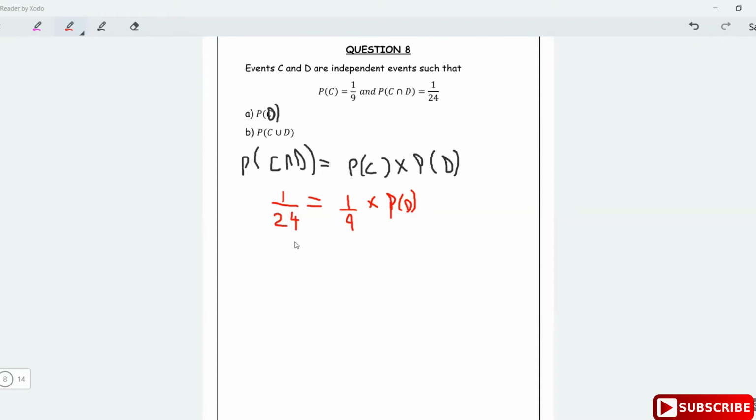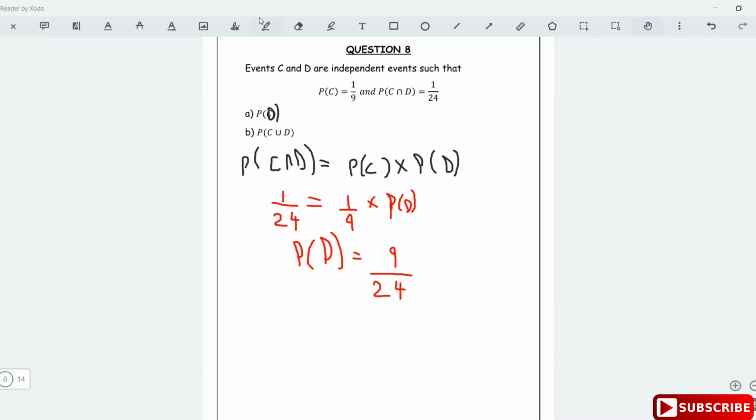If we multiply both sides by 9, we get the probability of D equal to 9 over 24. That will be the probability of D. Easy. That will be part A.